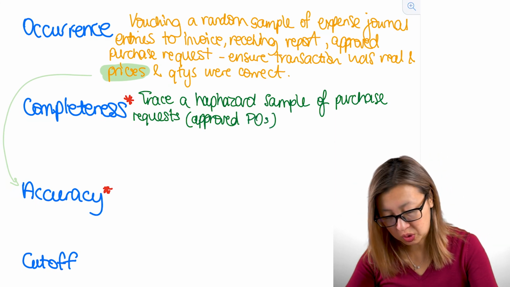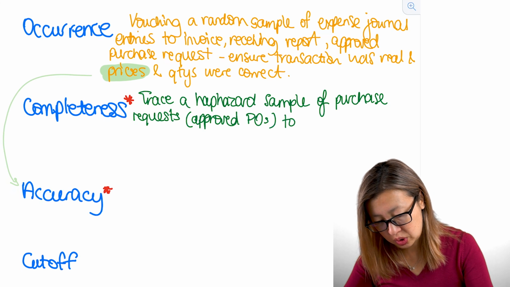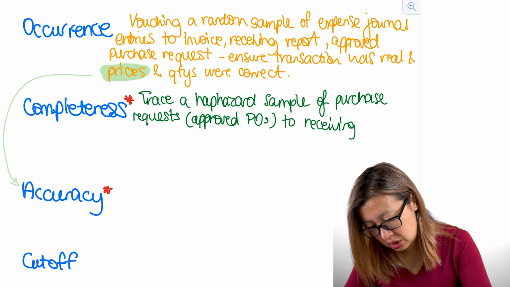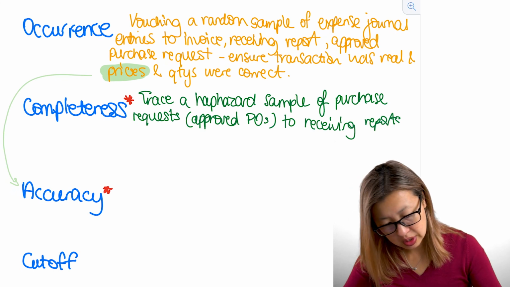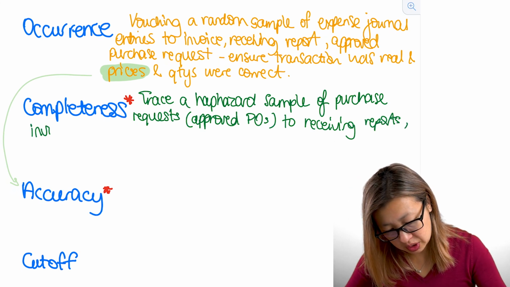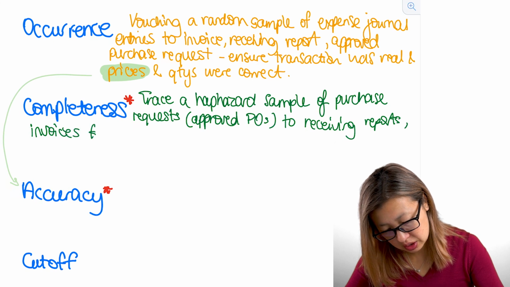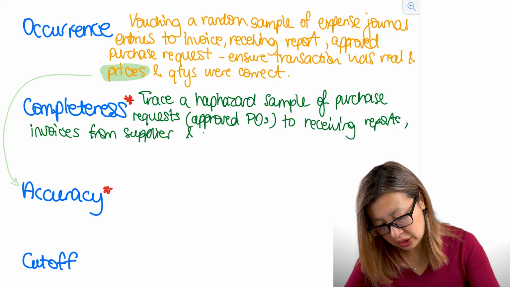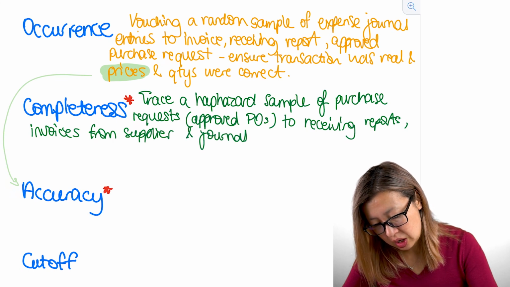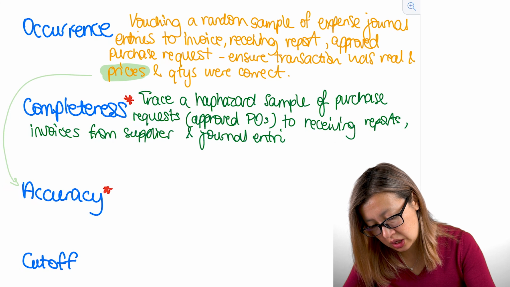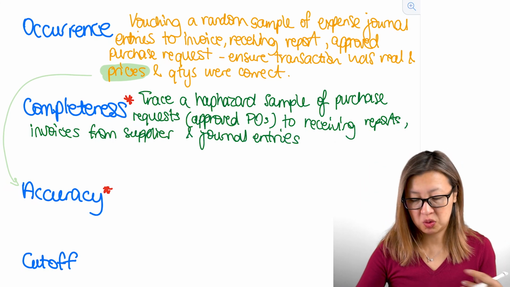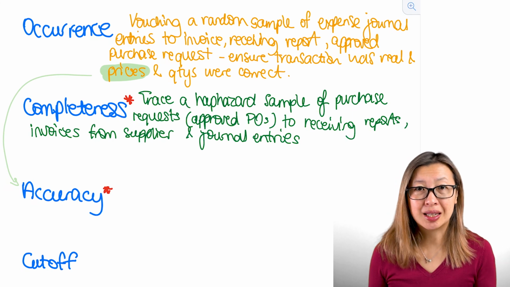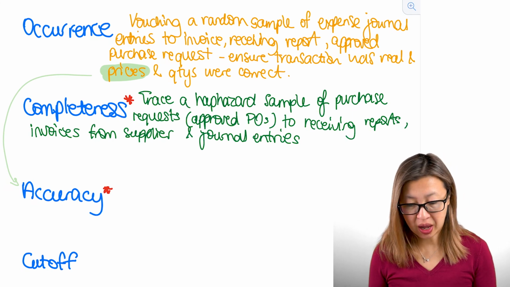A sample of purchase requests to receiving reports, invoices from the supplier, and journal entries. All right, because remember, when the invoice is received, when we receive the goods, we should have that journal entry that says debit expense, credit accounts payable.